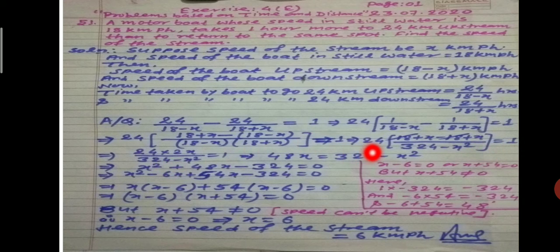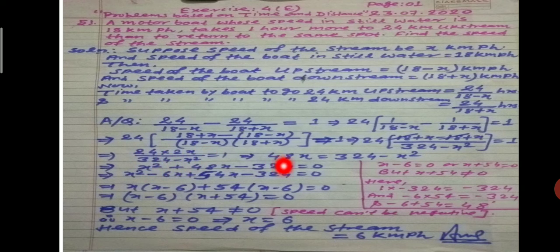Then we get 24, and plus 18 minus 18 will be cancelled, x plus x will be equal to 2x. So 24 multiplied by 2x upon 324 minus x square is equal to 1. Now let us cross multiply it.